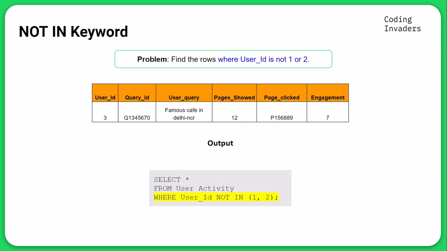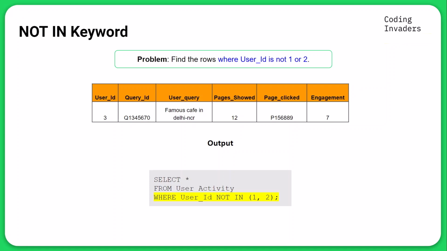So we write the code like this: select star from user activity where, to have the filtering criteria. The column on which we have to filter is user ID. So where user ID not in. We don't want 1 and 2. So what is the list? That is 1, comma 2. A complete query is select star from user activity where user ID not in 1, comma 2.